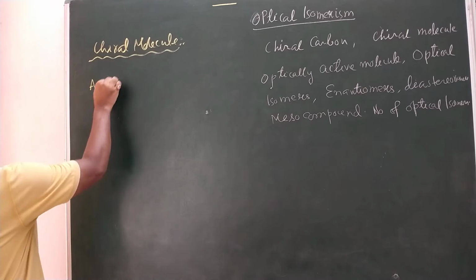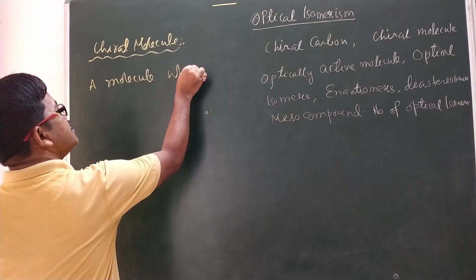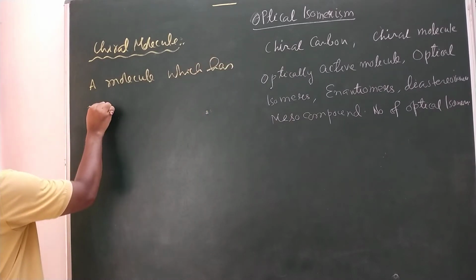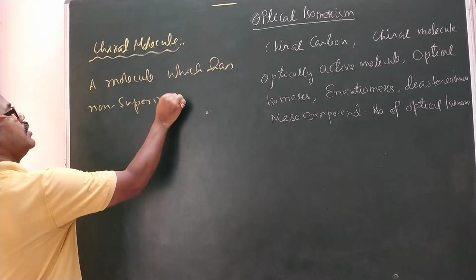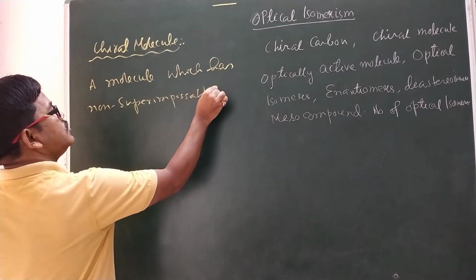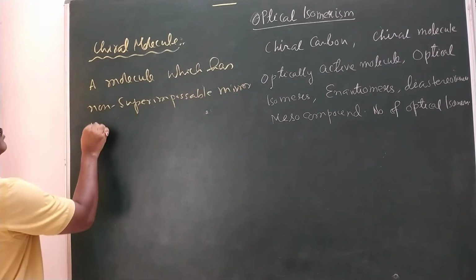What is chiral molecule? A molecule which has non-superimposable mirror image.